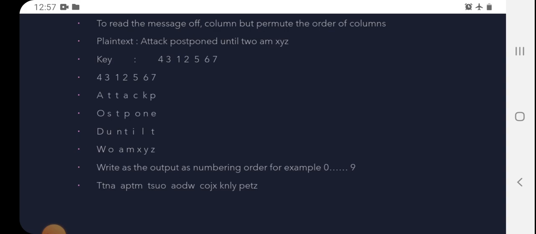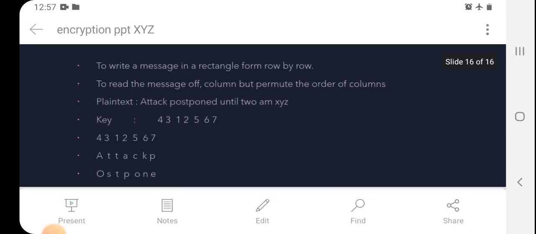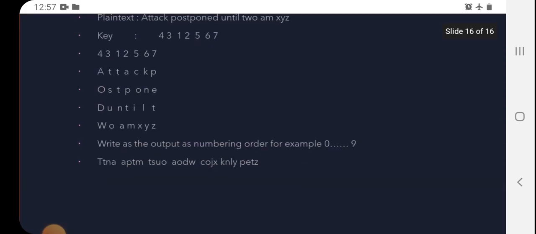what shall we do? We should number the columns in ascending order, for example 1 to 7. So first we have column 1: TTNA. Next is column 2: APTM. Then column 3: TSUO.